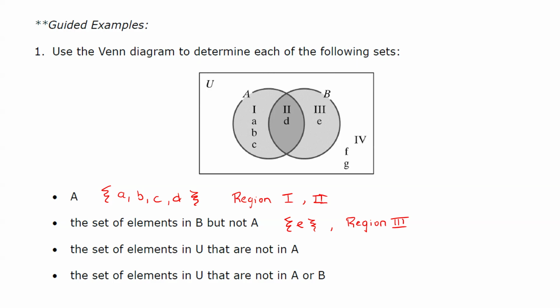So we want just the elements that are in U that are not in A. So the elements not in A are going to be E, F, and G.